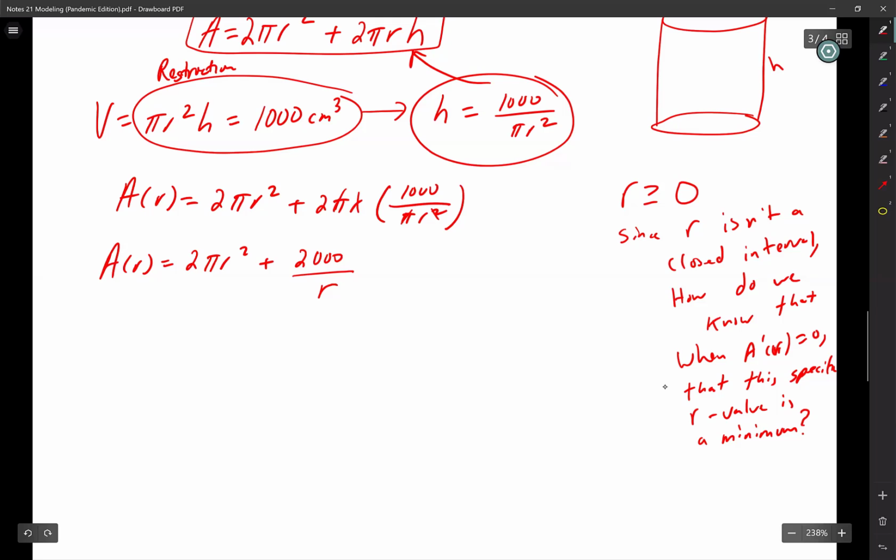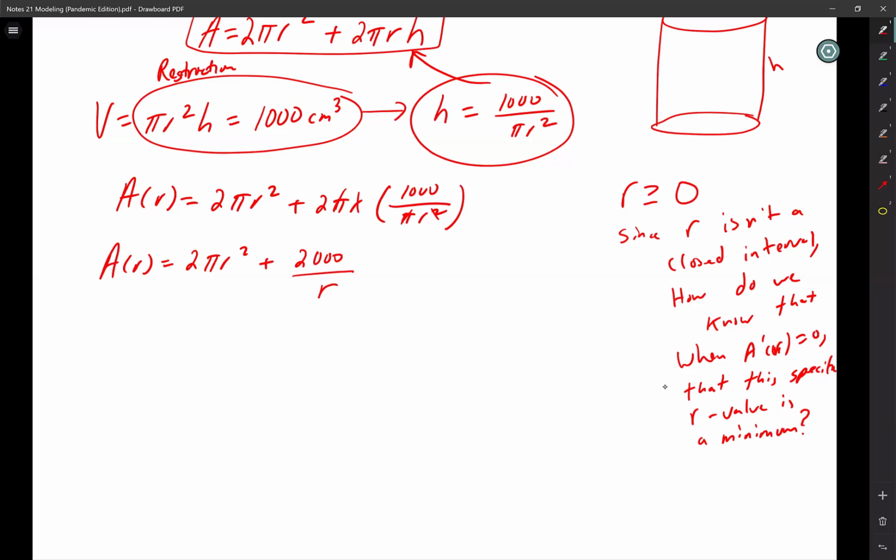Calculator, okay, but is there another? Yeah, we can check if the derivative changes from negative to positive at that r value. Yeah, that is one way. Is there another way? Concavity.